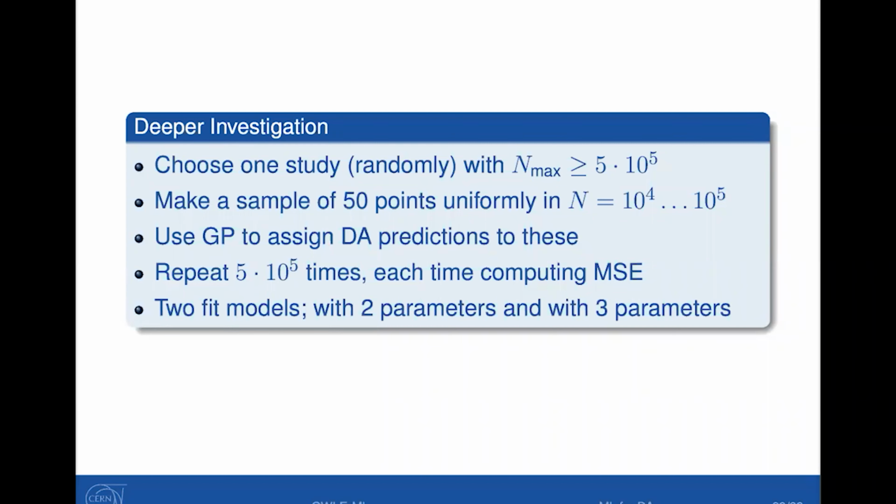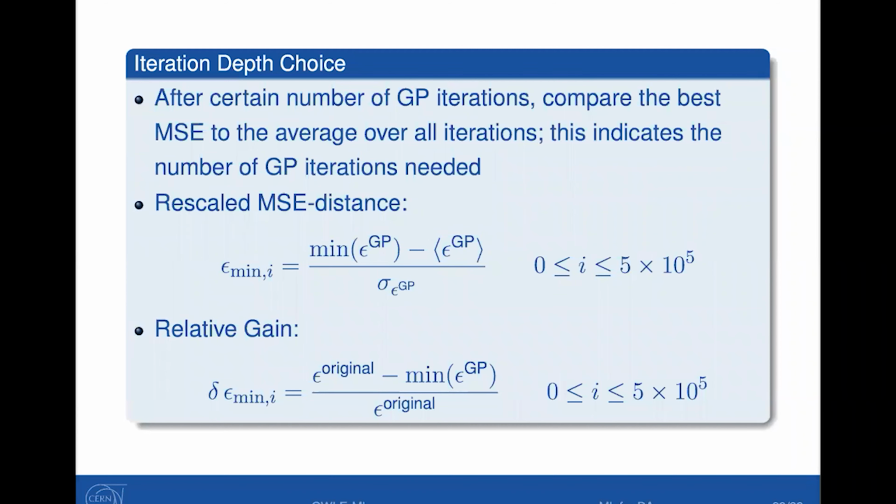Then every time we fit and compute the mean squared error of the fit, again, with respect to the original points. We do this twice because we had two models, one with 2 parameters and one with 3 parameters. And we see how that looks. Now, what we want to know is how many iterations of the Gaussian process we would need to get one that really makes the fit a lot better.